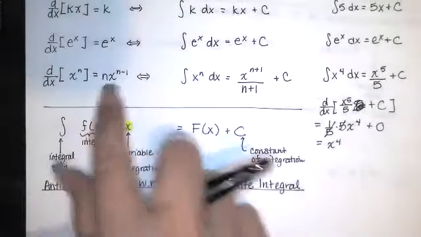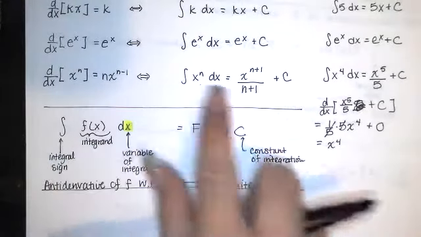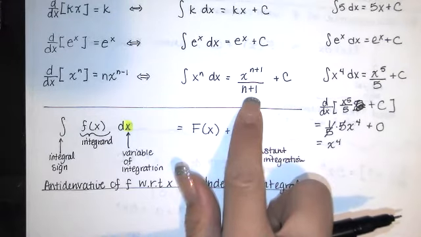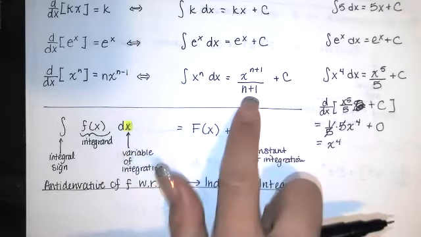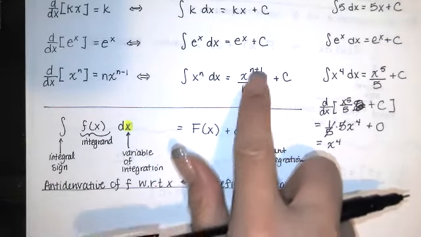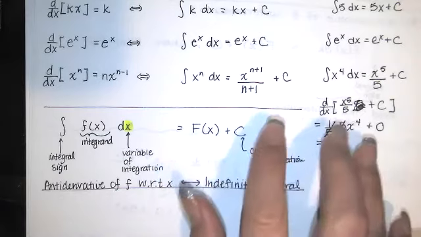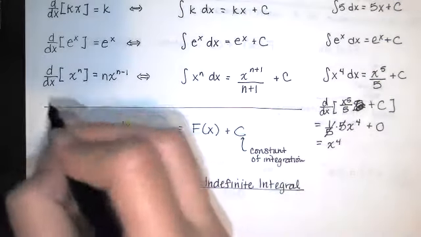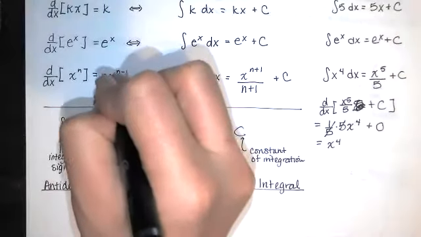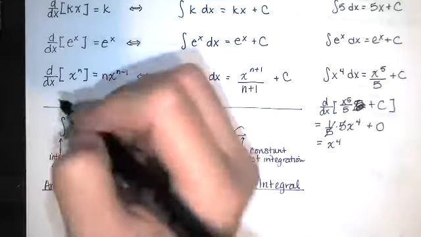Now, notice that we're going to have a problem with this rule if n is equal to -1. Because if n is equal to -1, I'd have an x to the -1 plus 1, that's x to the 0 over 0. And we can't divide by 0, that doesn't make any sense. So this rule works as long as n is not -1.